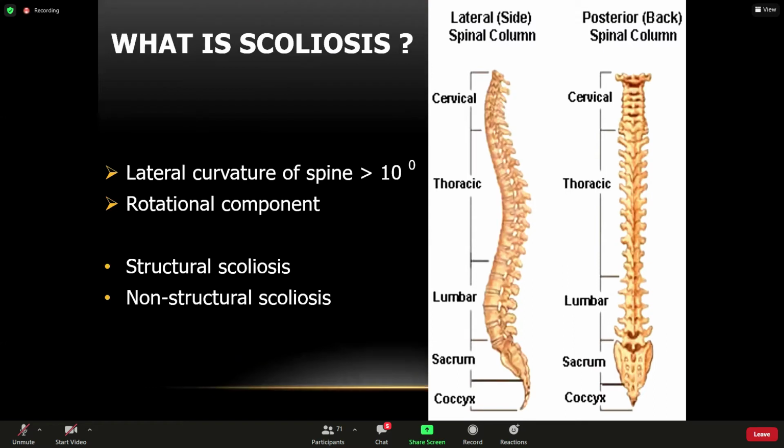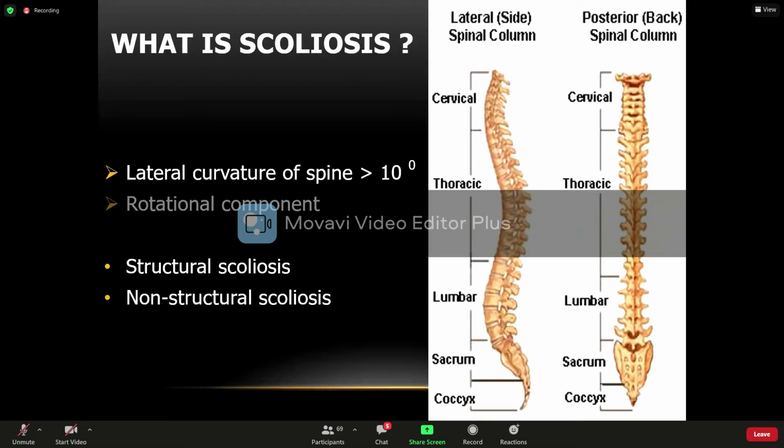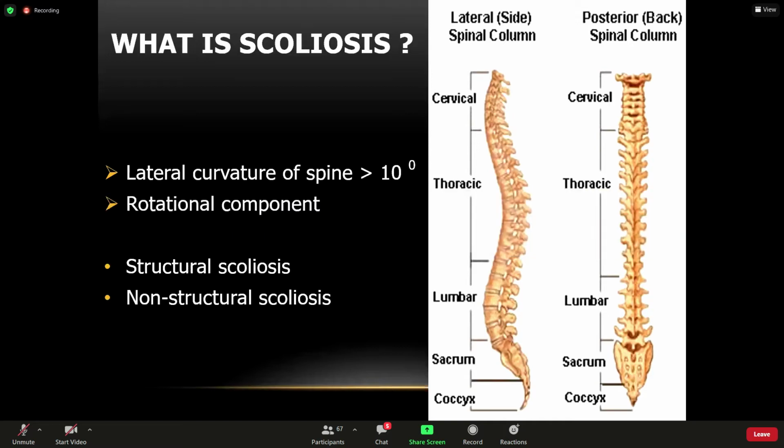So scoliosis is defined as a lateral curvature of the spine more than 10 degrees. That's the definition of scoliosis, and it's always associated with a rotational component also. There are two types: a structural scoliosis and a non-structural scoliosis, which may be due to a limb length discrepancy or a pelvic obliquity.